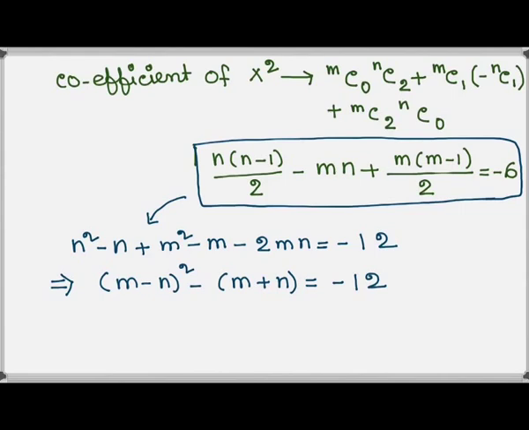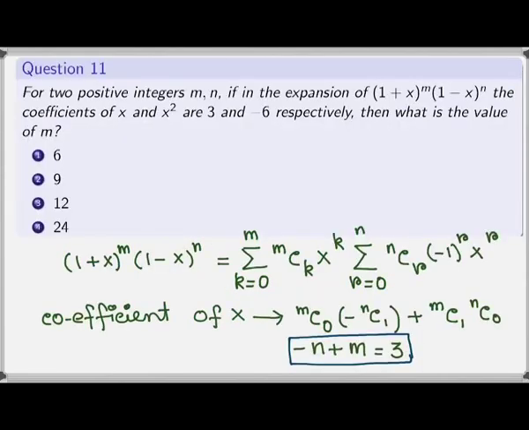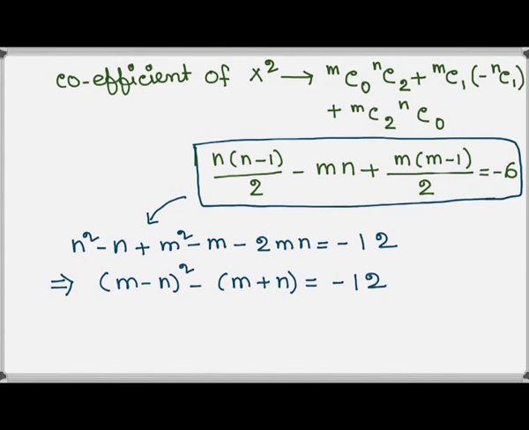Now from the previous equation we know that m − n is equal to 3. So we can substitute this value there. So we get 9 − (m + n) is equal to −12. That means m + n is equal to 21.